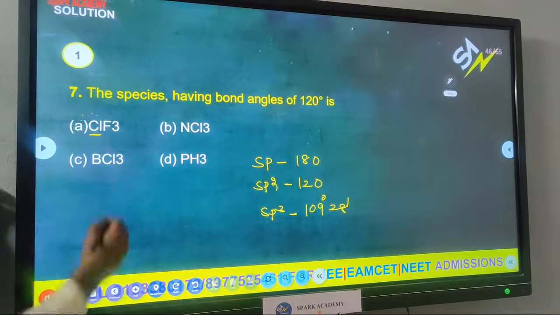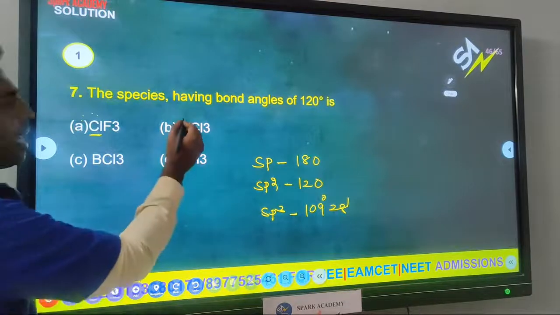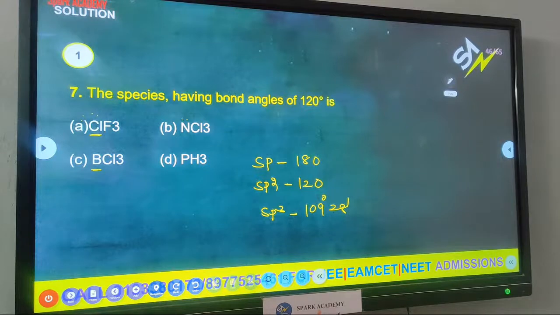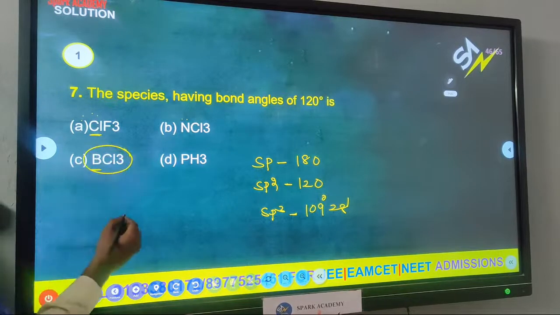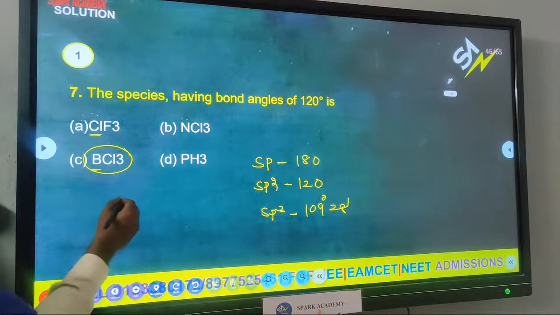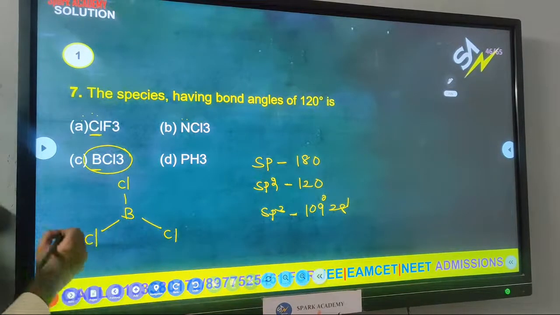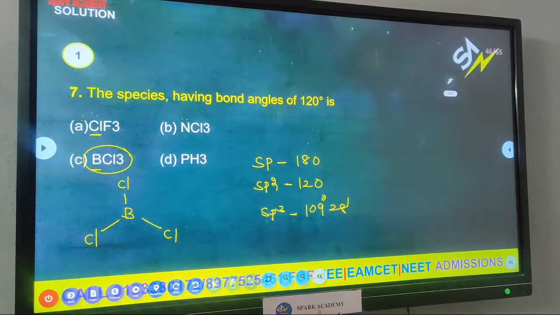Nitrogen has 1 lone pair. Boron has atomic number 5, and 3 valence electrons, all used. The geometry of BCl3, with boron as the central atom and chlorines around it, is planar, so trigonal planar. When geometry is trigonal planar, the hybridization is sp2 and the bond angle is 120 degrees.